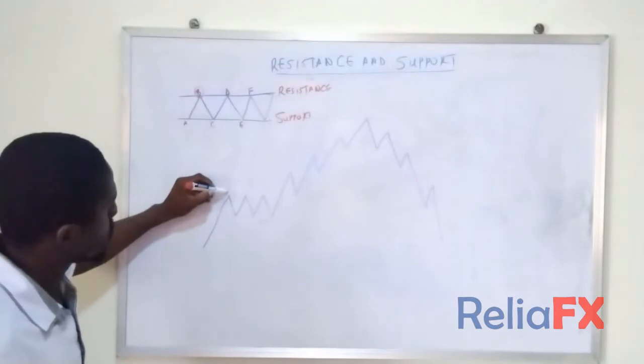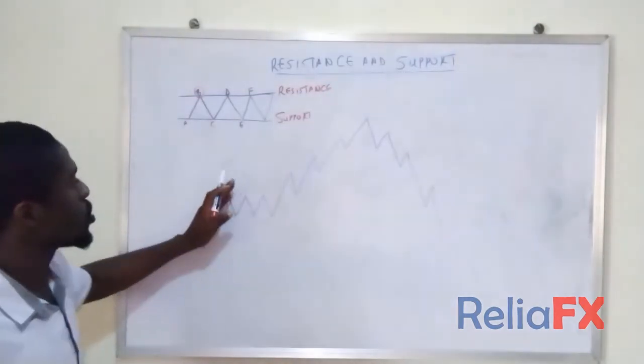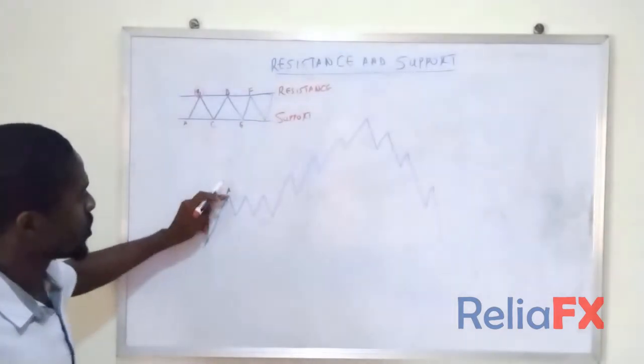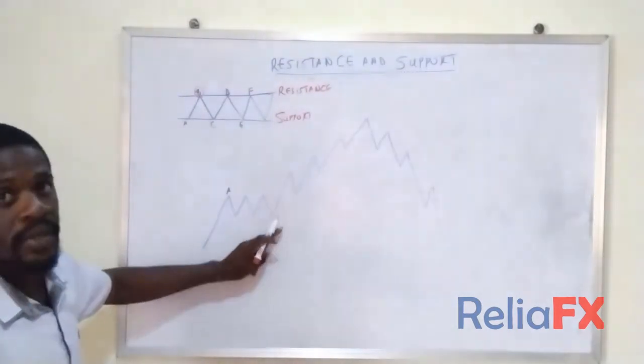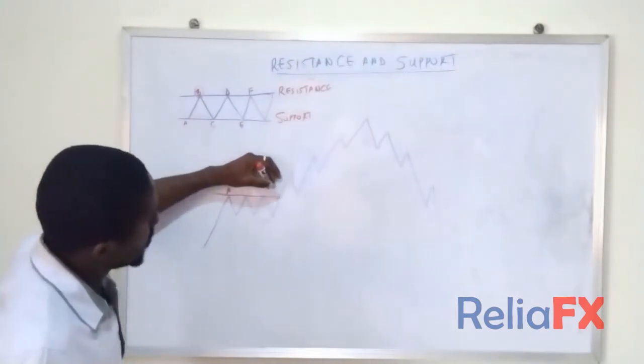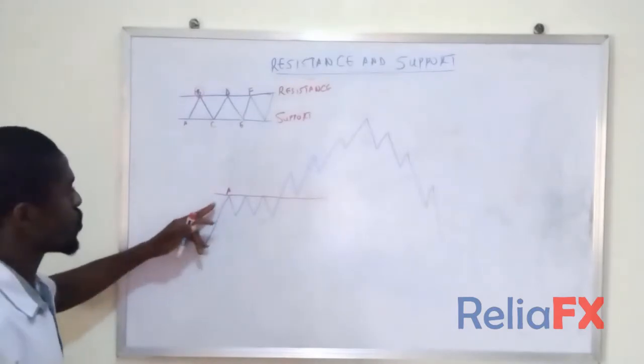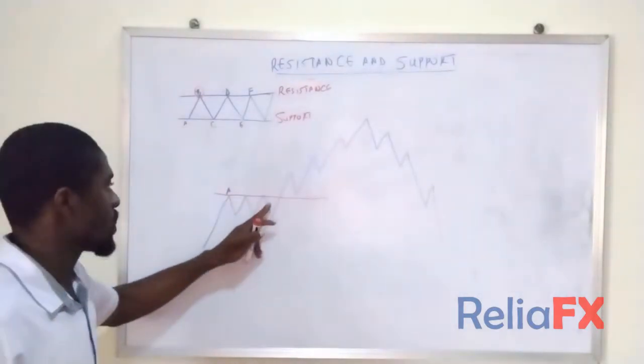So let's say this is point A. Price got to A and could not continue its upward movement. It retraced back and started a range. Now we can draw a level here. That level becomes resistance now because price could not break above this level.